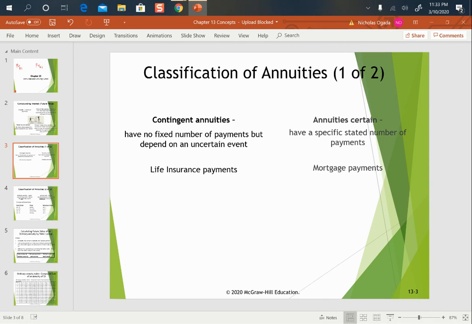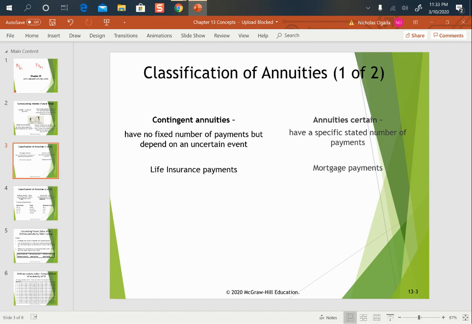And there are different types of annuities. And our focus in the chapter is going to be on the second part of annuities. But just keep in mind that annuity can be contingent, it can be annuity certain. If you know specifically the term and how much the payment will be, then in that case we talk about a certain, and it becomes an annuity certain.